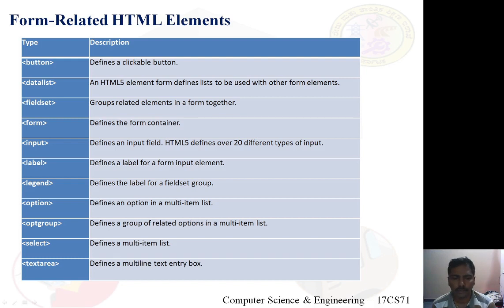Select defines a multi-item list. Textarea defines a multi-line text entry box. Here we have seen text box field to contain a single line. But if you want multi-line text box, we need to make use of an element textarea.